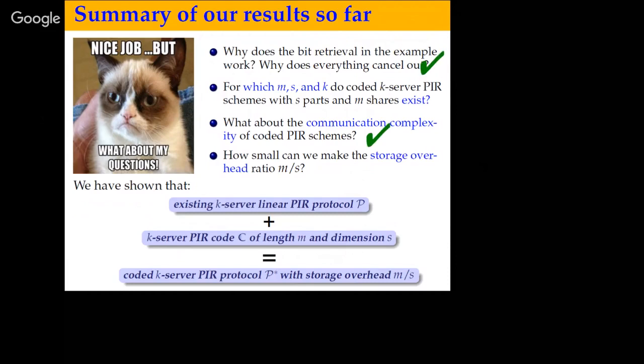Okay. So now, as far as the questions that we sort of made our goal to answer, we have understood the example. We understood the communication complexity basically remains the same, a small multiplicative factor.